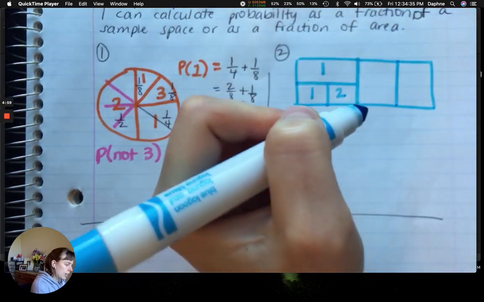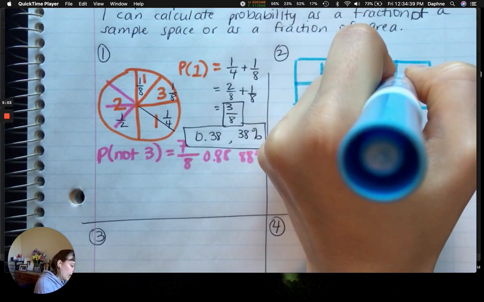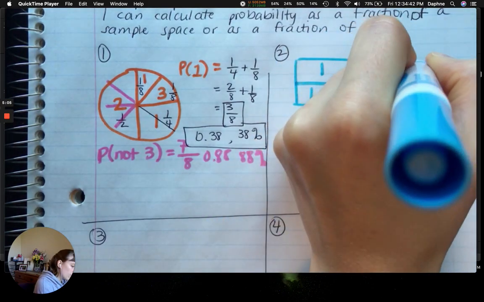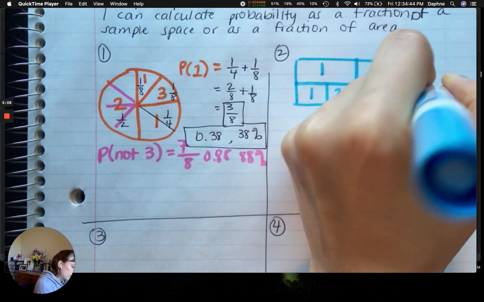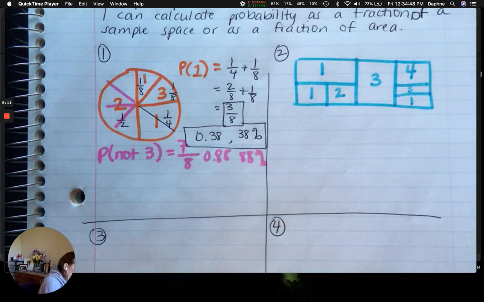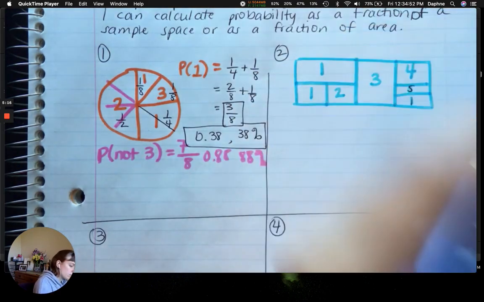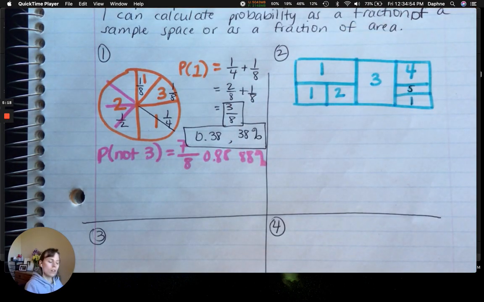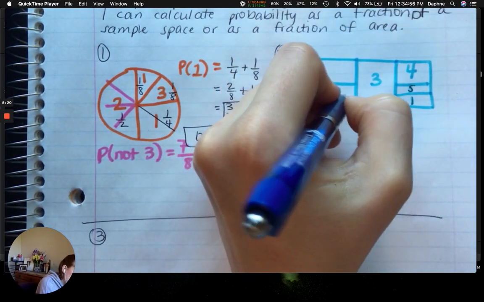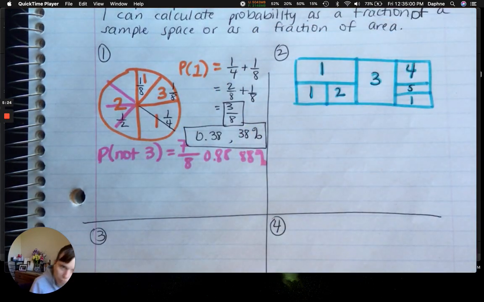Divide this side in half and call this 3, divide it in half this way and call this a 4, divide it in half this way, and this is a 5 and that's a 1. I'll outline it. A 5 and a 1. I'll overdo all of them. Why not? Make them look the same.